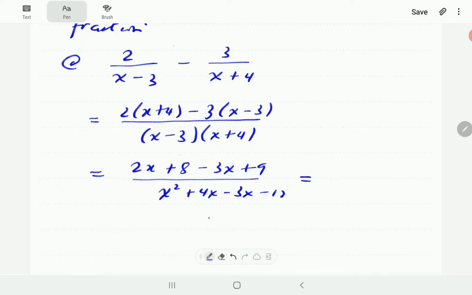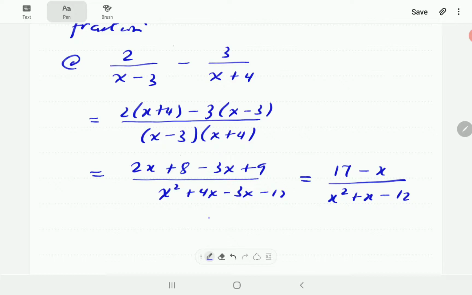So if we simplify here, in the numerator we're going to have 8 plus 9 is 17, 2x minus 3x is x. The denominator we're going to have x squared plus x minus 12.